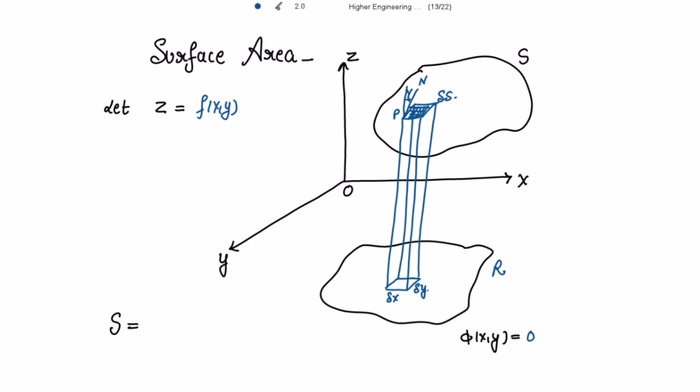And then the total surface area is equal to the double integration over this region R, and this is a very simple formula.